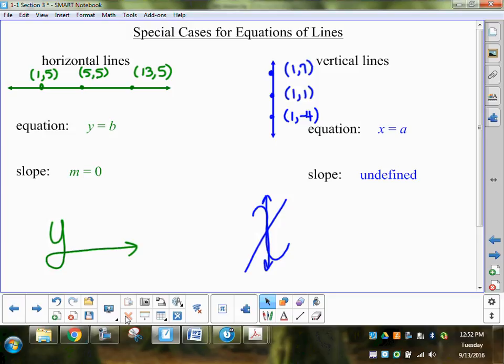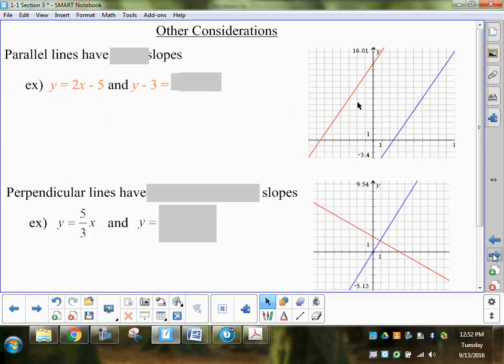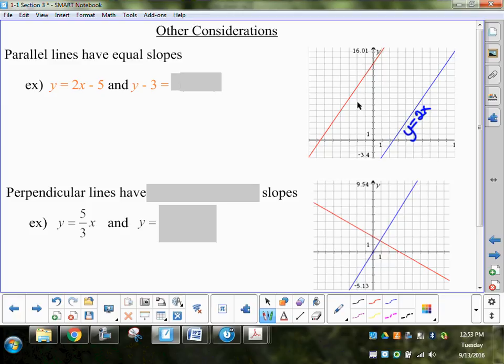Hopefully this is stuff you did back in Algebra. Now, parallel lines are going to have the same slope, or equal slopes. Looking at what's here, I know that this original equation here in blue is y is equal to 2x minus 5.